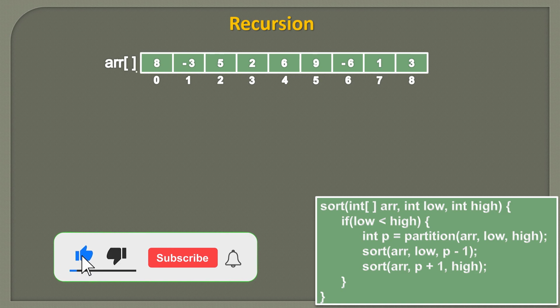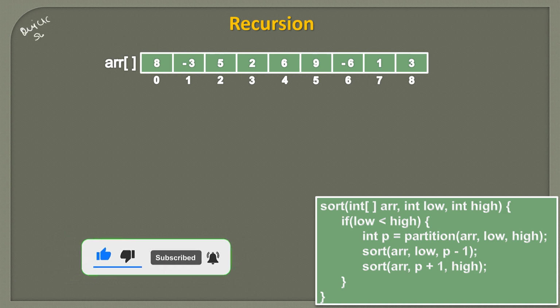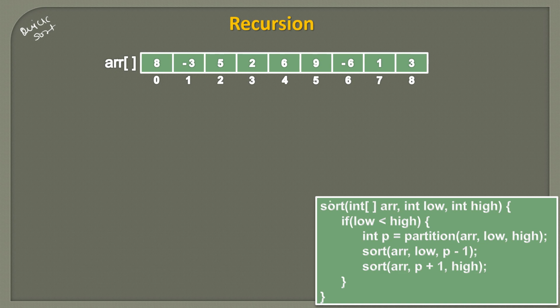So let's say we want to sort this array using quicksort. Here you can see that this is a small piece of code which does the sorting. It takes in an array and it takes in a range, that from which index to which index we need to do the sorting. And here you can see that the first step we are doing is the partition step. And once we get the partition index, now we have two arrays.